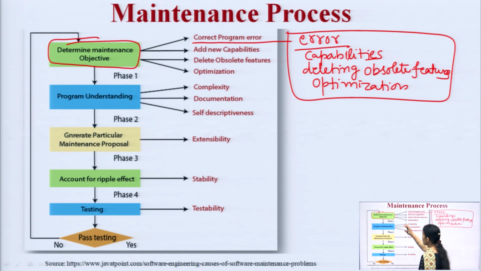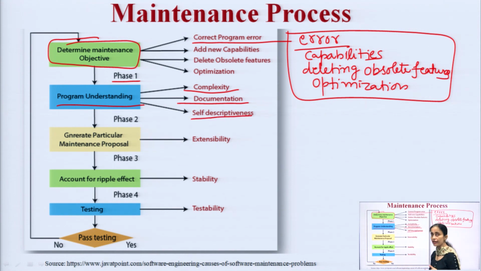So, after this there comes the second thing, problem understanding. How complex is my problem, how I am going to document it and how I am going to self describe it, that comes under problem understanding.